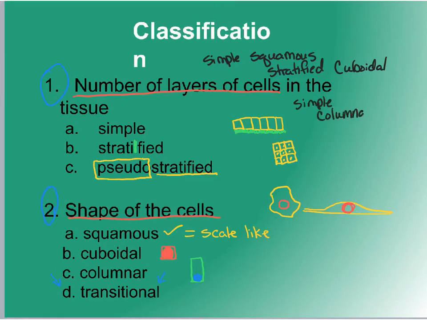Almost always we use two words to describe the tissue. The exception being the oddballs, pseudostratified and transitional. And I'll, again, show you examples of that when we get there.